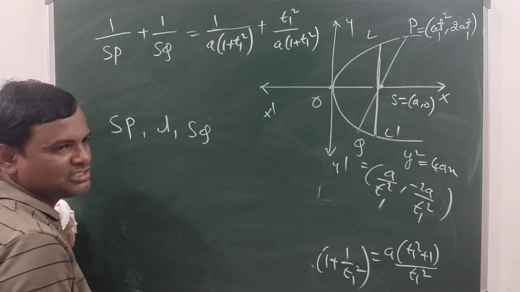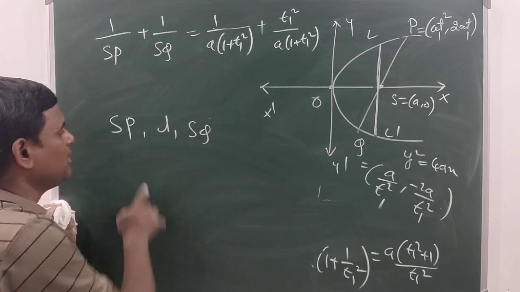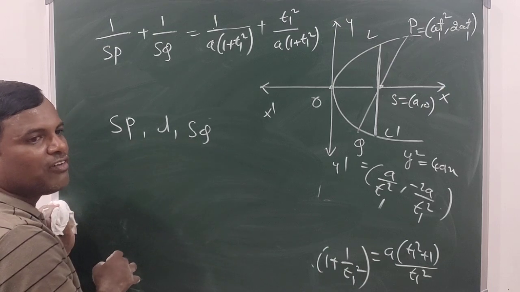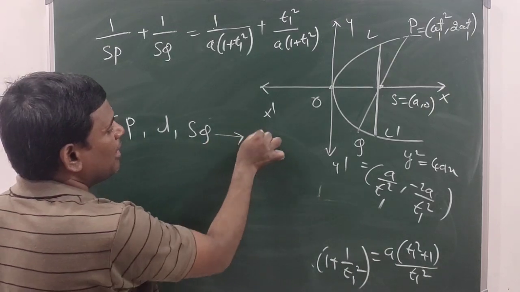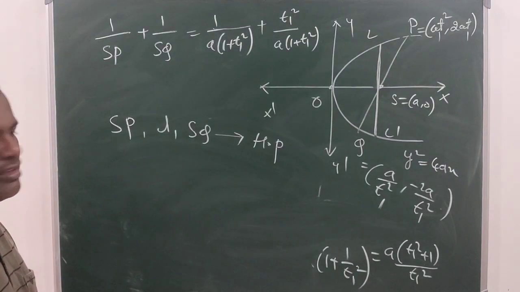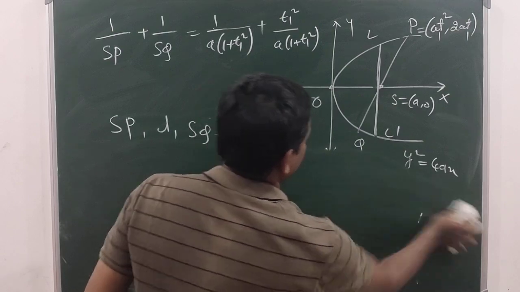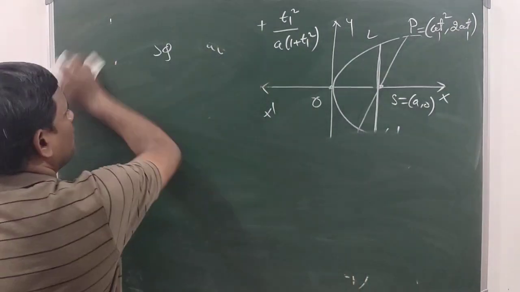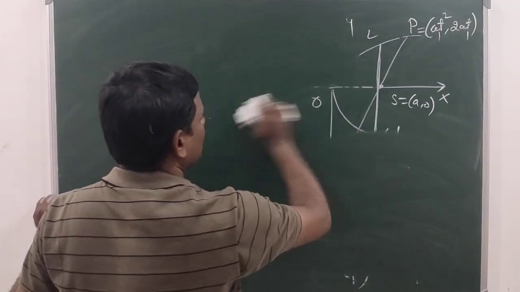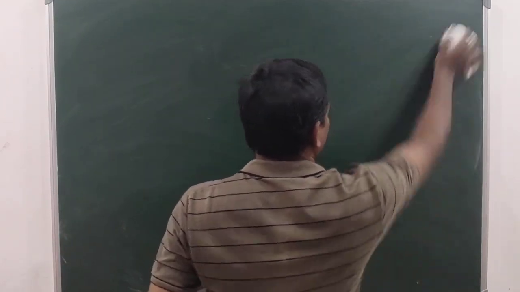SQ is one more focal distance on this PQ chord only. So these three lengths are forming a harmonic progression. Okay, observe that. SP, L, SQ are in harmonic progression.